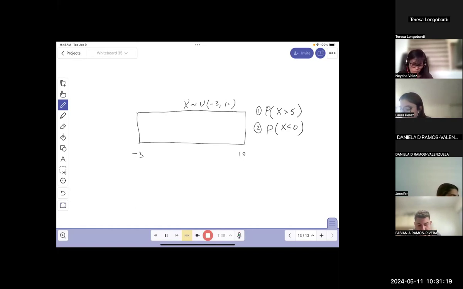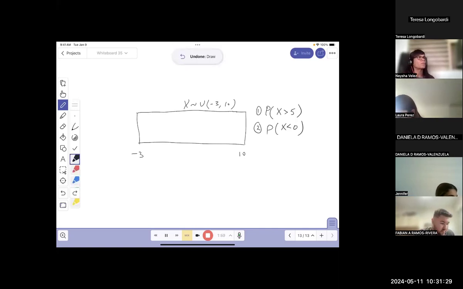Okay, everyone has a drawing. Now we're going to partition the drawing. We're going to do the first part. So 5 is somewhere like, let me mark 0. So let's say I mark 0 here, and then 5 will be like that. You can use a ruler.